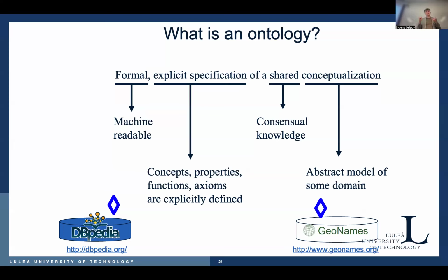And it is very desirable that if you create a specification of a certain domain of interest to many people, all people agree on this specification. If you specify, for example, medical knowledge, obviously it should be a unique specification that people agree on. And so all in all, you construct an abstract model of this domain.